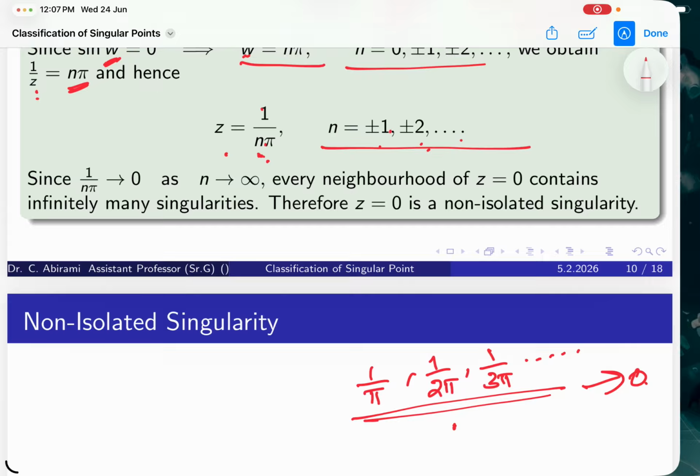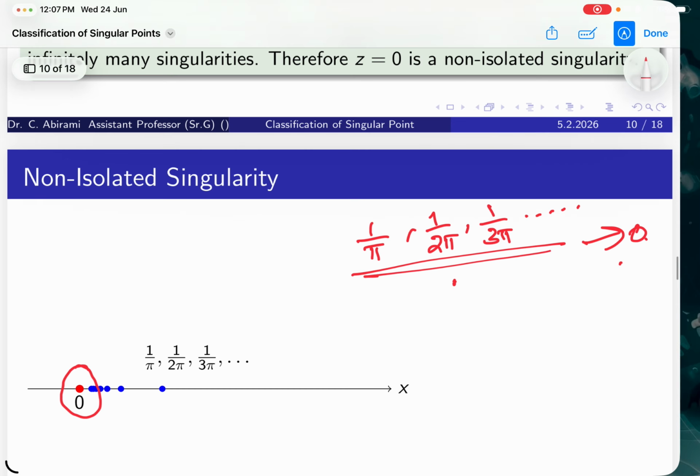n can take a larger value, in the sense 4, 5, 6 up to 1000. 1 by 1000 pi, 2000 pi. It can take some finite value, infinite value, larger value. The z value tends to 0. Z value tends to 0 means what? If I construct a small circle around z is equal to 0, what happened?